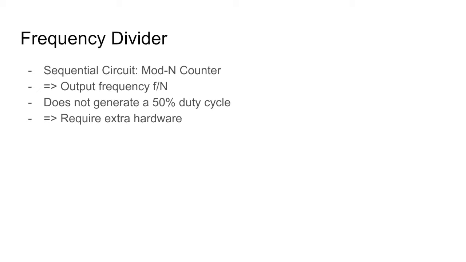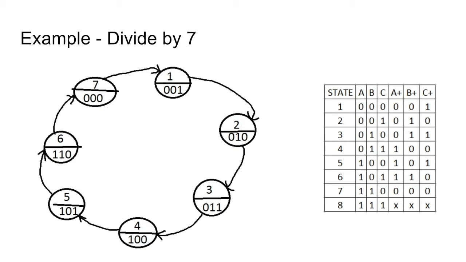A synchronous divide by integer can be easily specified by using a Moore finite state machine. So for anyone who doesn't know what a mod n counter is, we pick a divide by 7 counter as an example. The counter will count from 0 to 7, and the picture on the left shows the Moore finite state machine of the counter.